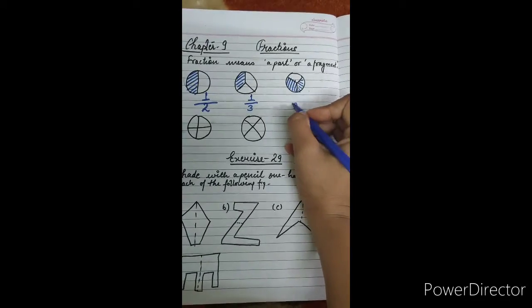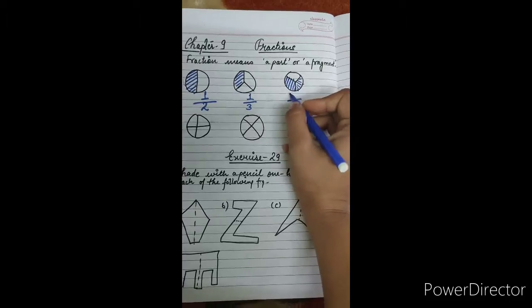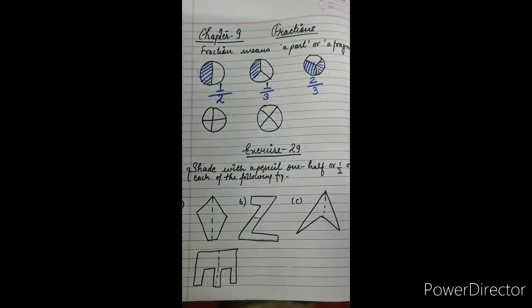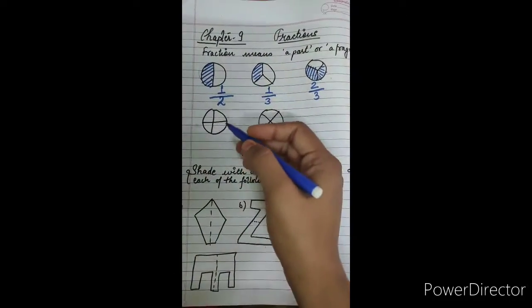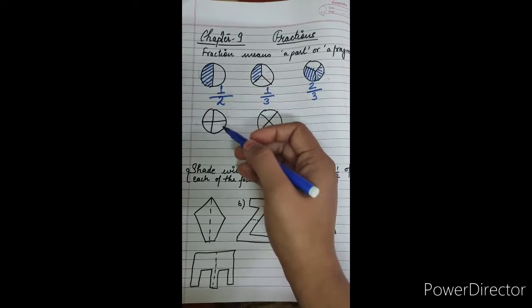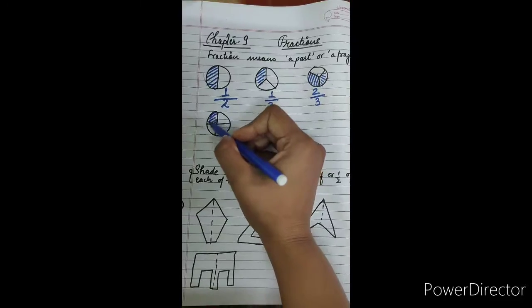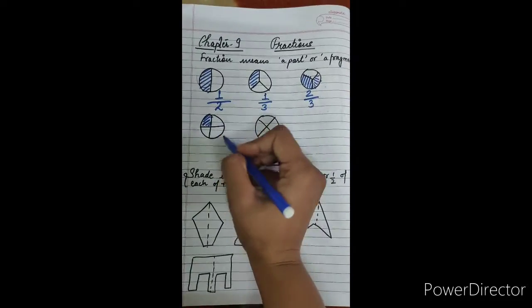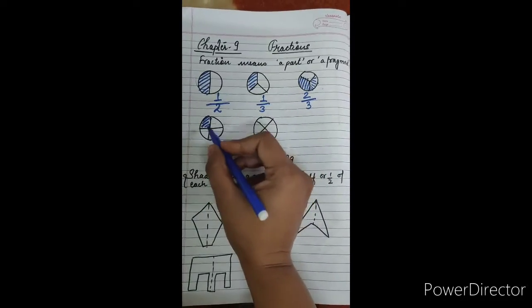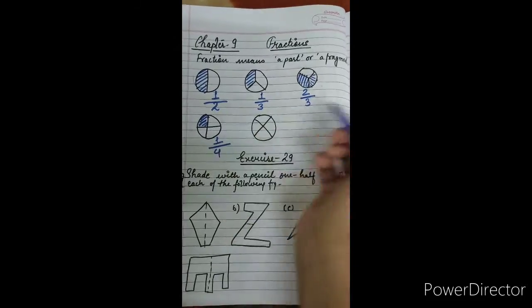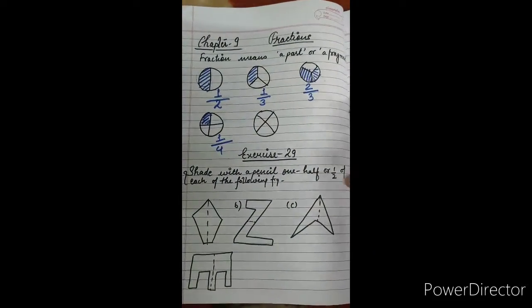Total parts is 3 and how many parts are shaded? 2. So, 2/3. Next, suppose one part is shaded. So, total parts is 4 and how many parts are shaded? 1. So, this is 1/4. Right?